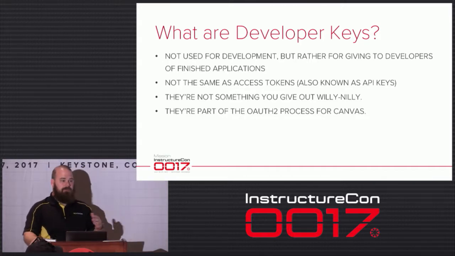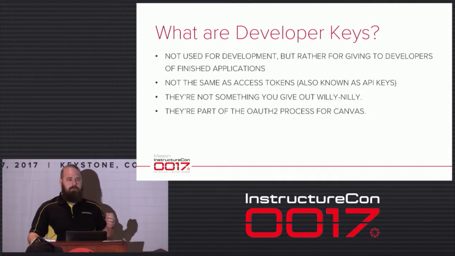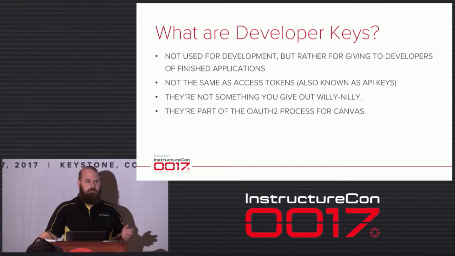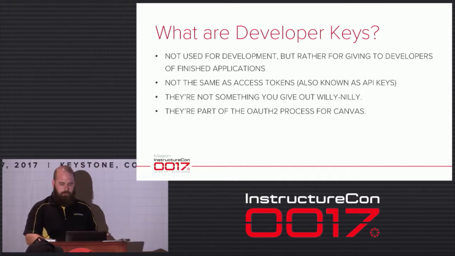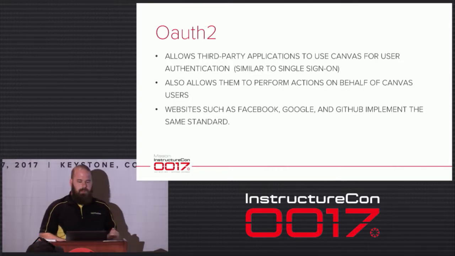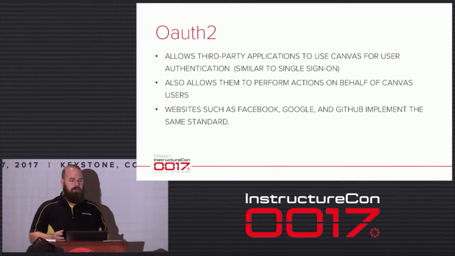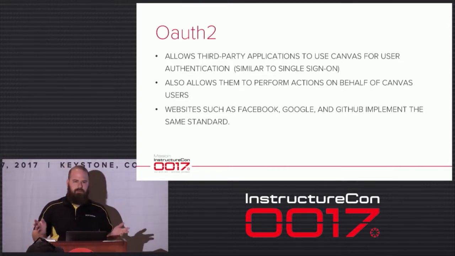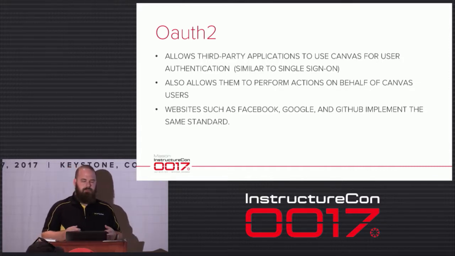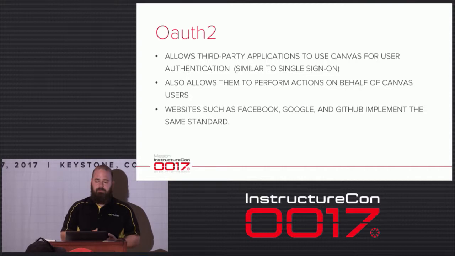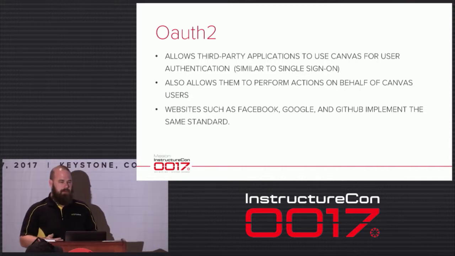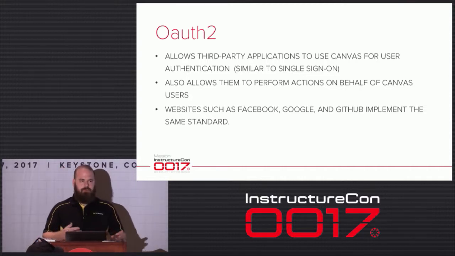So getting into what they actually are, they're a part of the OAuth 2 process for Canvas. If you're not aware what OAuth 2 is, it is a standard that many websites implement, and it allows third-party applications to, in this case, use Canvas for user authentication, which is similar to a single sign-on.